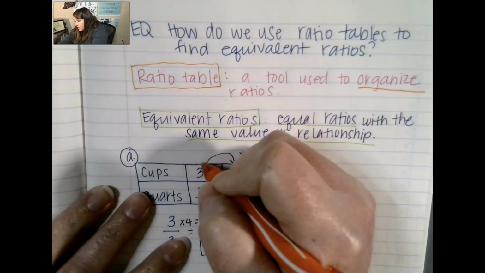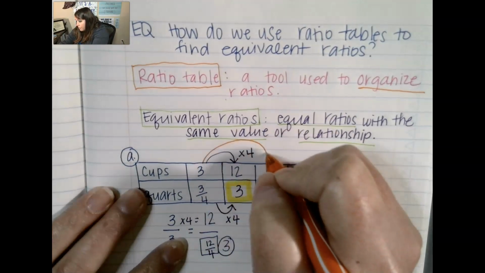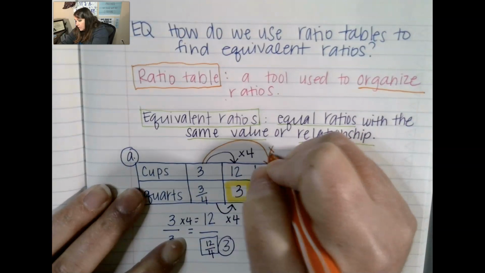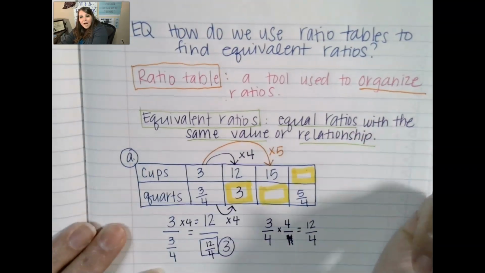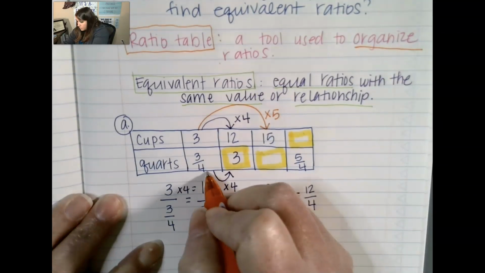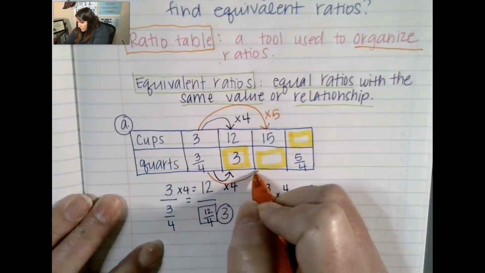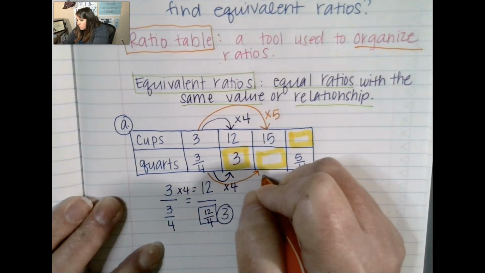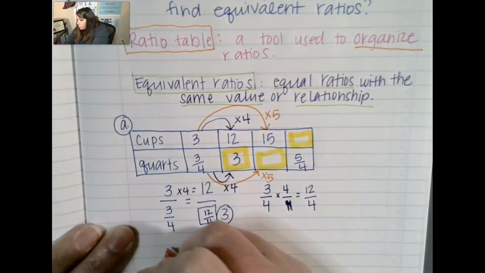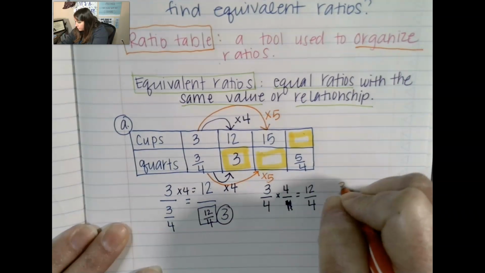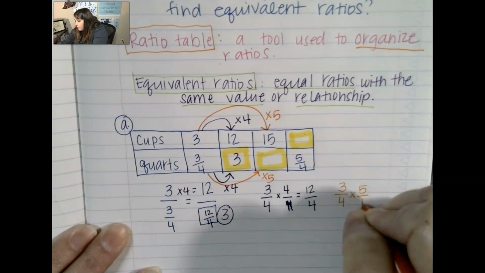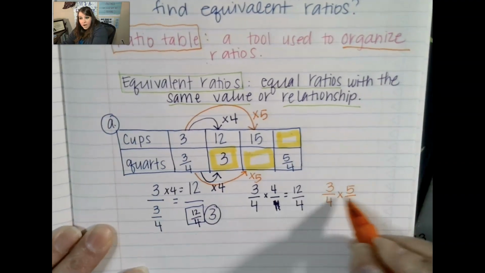So let's do this next one. How do I get from 3 to 15? 3 times what gives me 15? Well, 3 times 5 gives me 15. So on the bottom, to move from this box to this box, I'm also going to multiply by 5. So we're going to take 3 over 4, and we're going to multiply that by 5 over 1, or just 5.